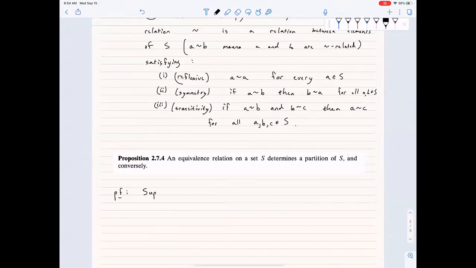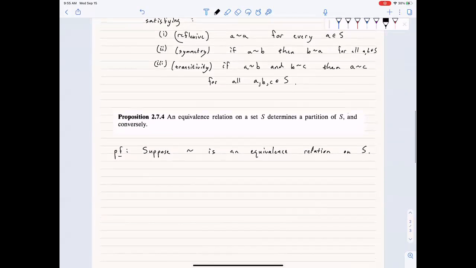All right, so let's suppose we have an equivalence relation. Then we're going to define, for any element A of S, its equivalence class.